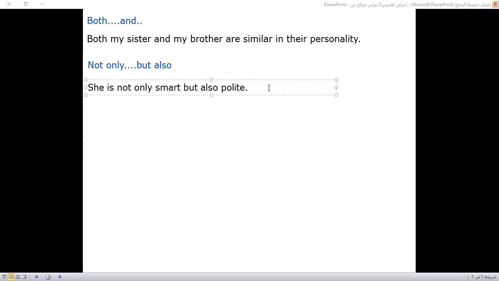Now in this sentence you understand that this person has two adjectives, which are smart and also polite. Okay? I think this is easier than both and. In the book you have: he is not only hardworking but also intelligent. Is that clear, third grade? You know how to use it in a sentence? Yes. Okay, good.